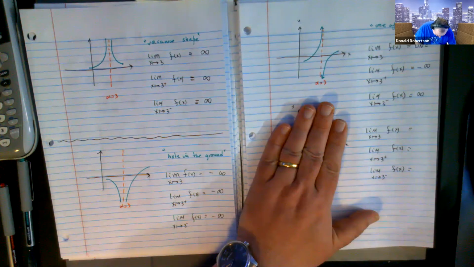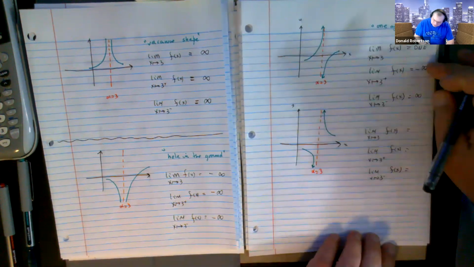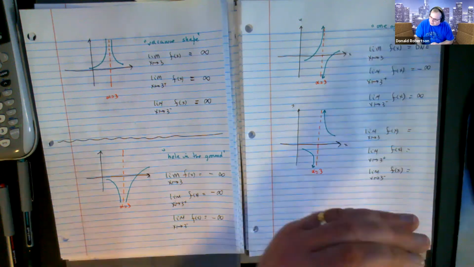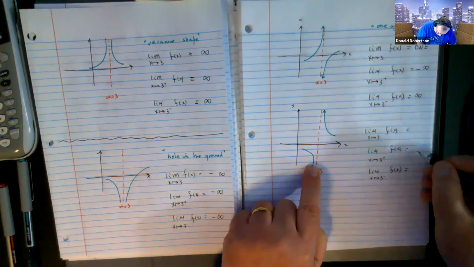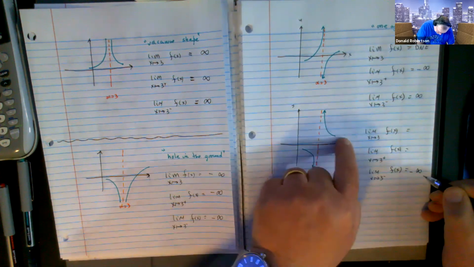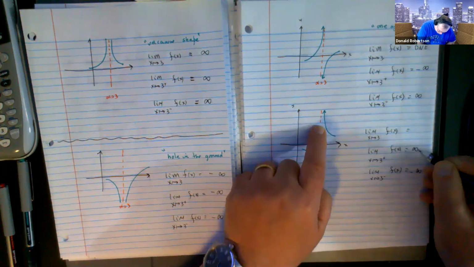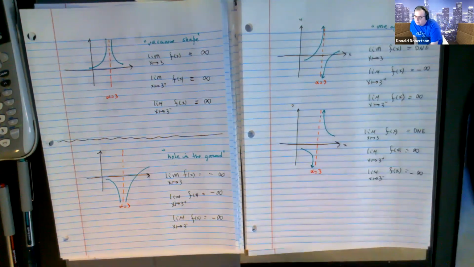Okay. So in this second situation, it's very similar to that, but aren't things kind of switch places? So if I was looking at the left limit, it's negative infinity. If I was looking at the right limit, it's plus infinity, and the overall limit does not exist.